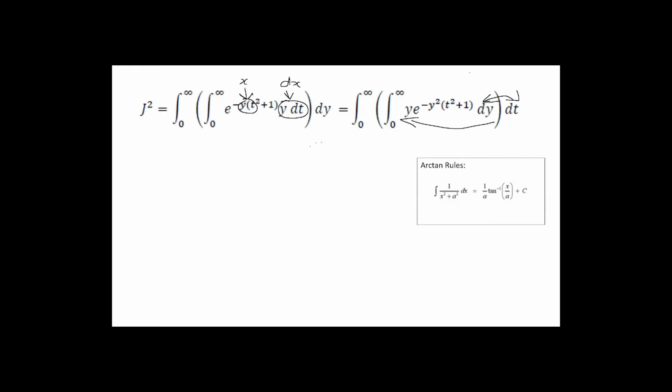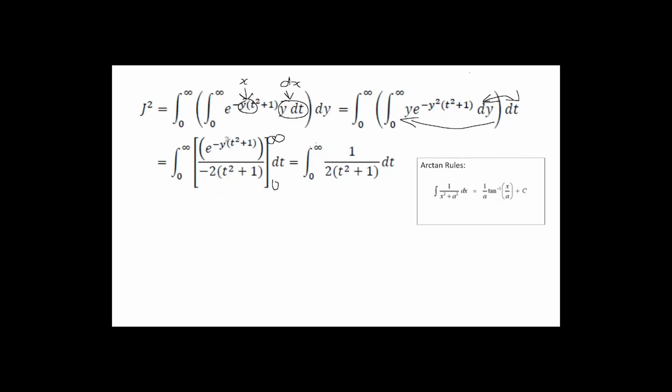Even though e to the minus y squared doesn't have an antiderivative, this function does, and simply just becomes a constant. From here, we can integrate as such. From 0 to infinity, and subbing in infinity and 0, which becomes the integral from 0 to infinity of 1 over 2 multiplied by t squared plus 1 dt.